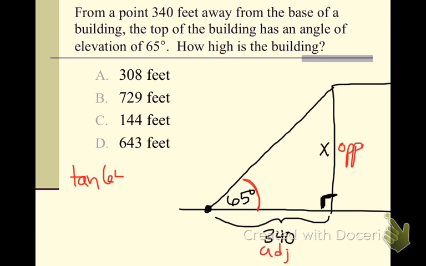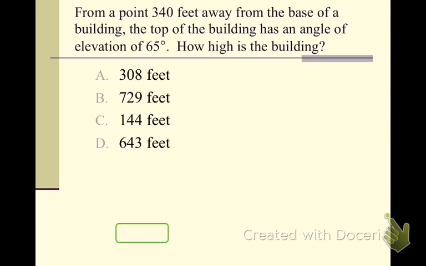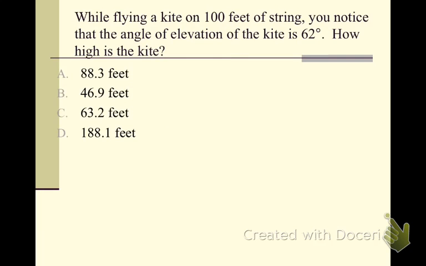Tangent of 65 degrees is the opposite over the adjacent. Cross multiplying, 340 times the tangent of 65 degrees is the height of the building. When we plug that in, 729 feet.